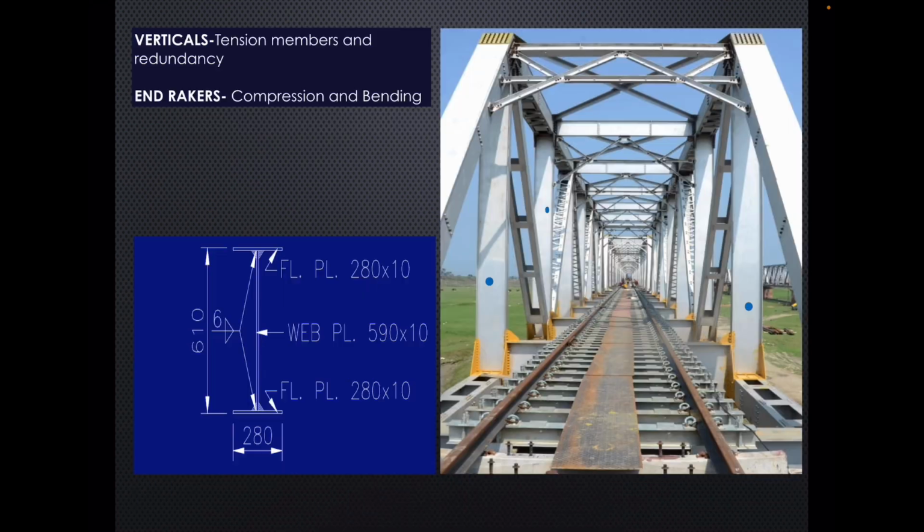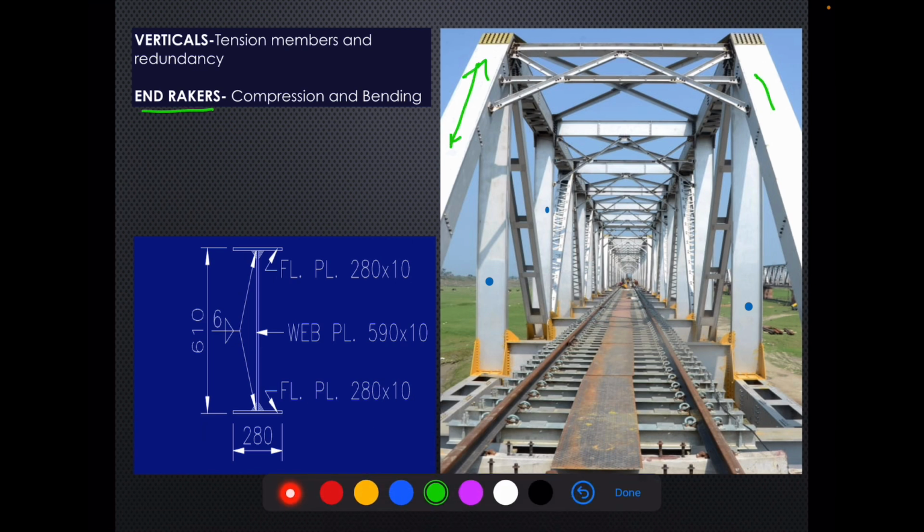Then what is next? Next is verticals and end rakers. End rakers are basically these members. These are mainly designed in compression and bending. Verticals are these members, these blue dots.